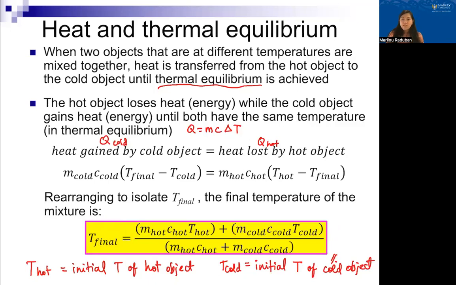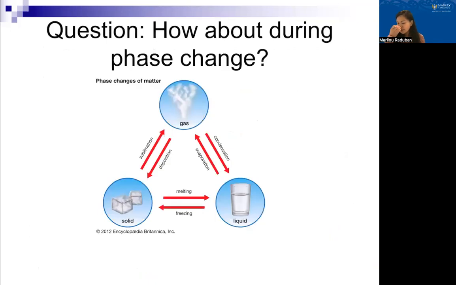But so far we've been talking about the temperature of the object changing when heat is being added or taken out of that object. But sometimes adding heat to an object will also cause the phase of that object to change. For example, starting from ice, which is solid, if we heat up ice, we know that the ice will melt, right? And so it will change phase from solid to liquid.